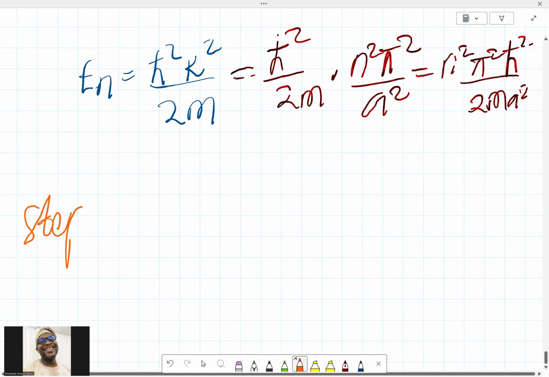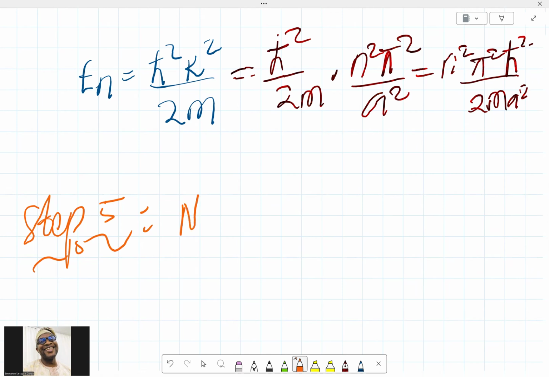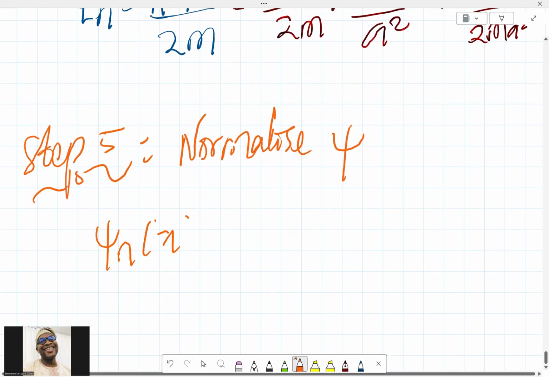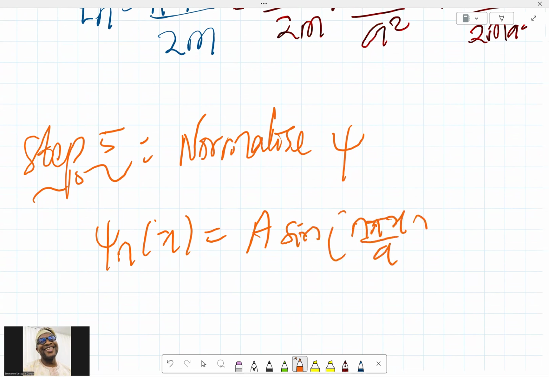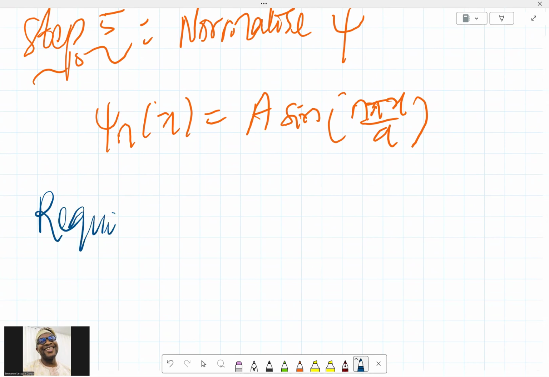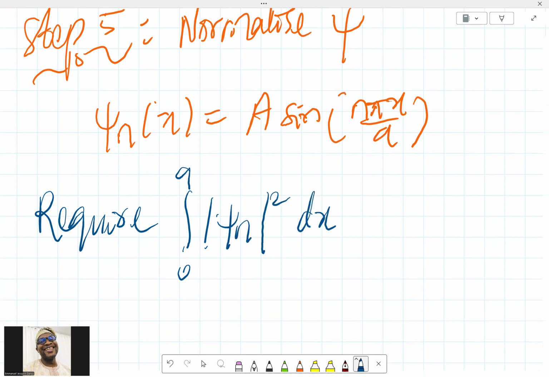Step 5, where we normalize psi. I think that's a wave function. So psi n of x will just be a sine n pi x over a. Then we require the integral from 0 to a of the absolute value of psi n squared dx to be equal to 1.